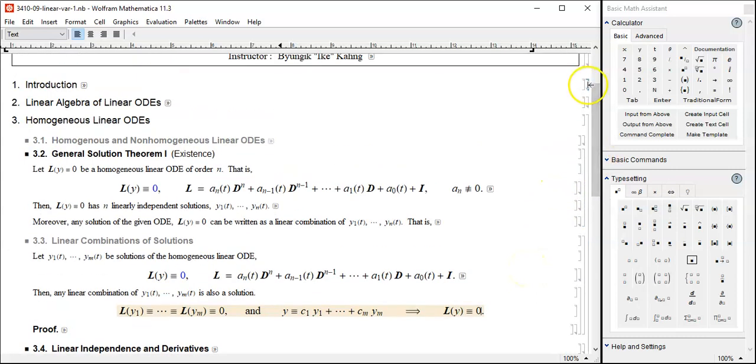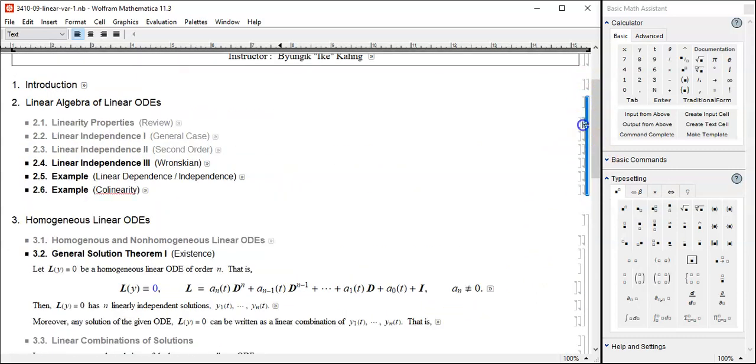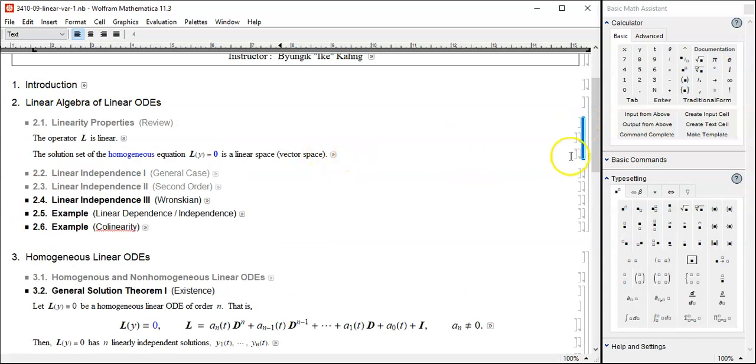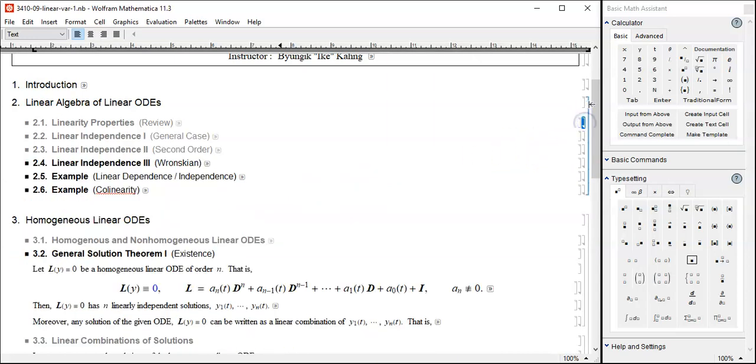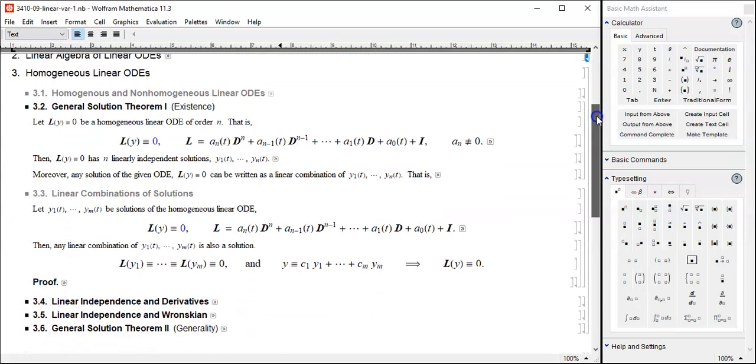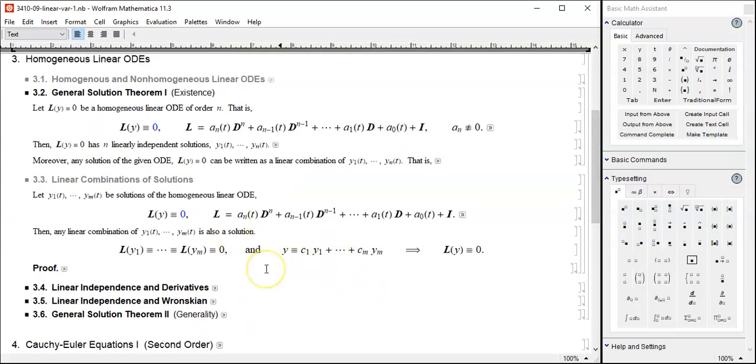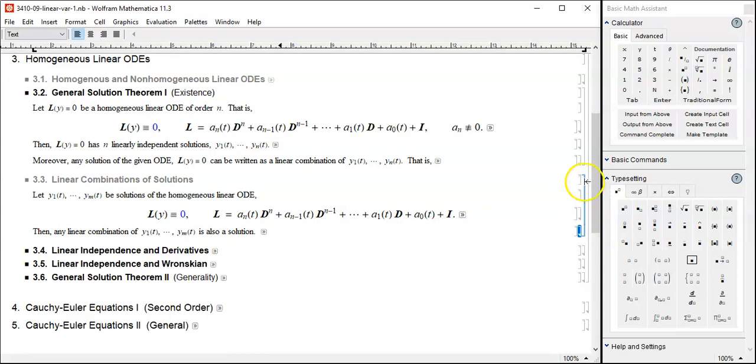It's basically a repetition of this same thing here. The solution set of the homogeneous linear equation is a linear space or vector space, or in other words, closed on the linear combination. That's basically what this is all about, except that instead of having two functions, we are having m functions, but it's just a repetition. So the detail is left to the students.